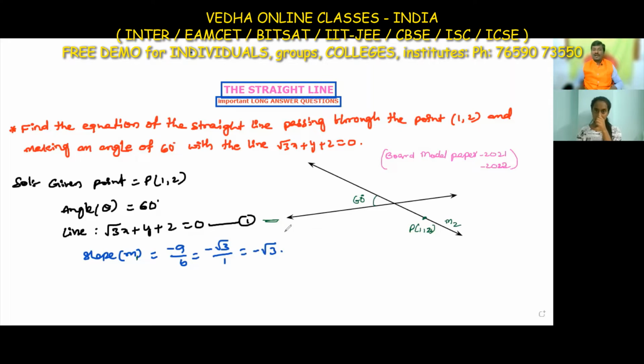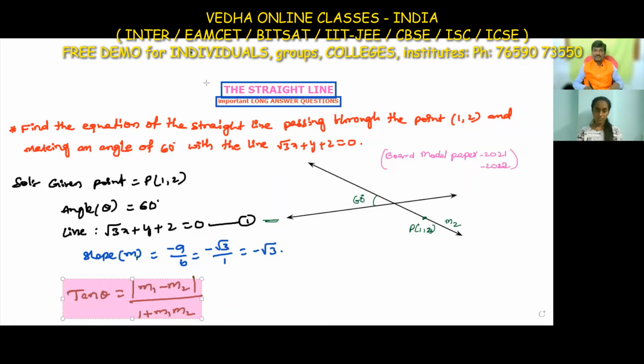Now we have to take the formula for the angle between two lines: tan theta is equal to the modulus of (m1 minus m2) divided by (1 plus m1 into m2). Whatever values are given, we substitute. The theta value is also given.